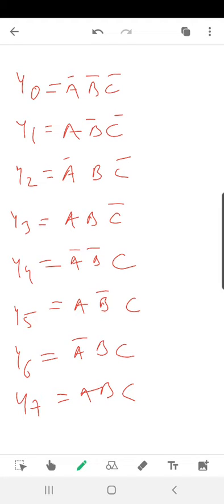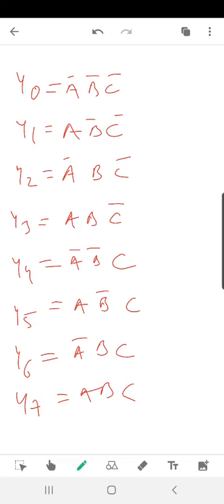So these will be our expressions for 3:8 decoder. Okay, and we will draw our diagram similar to the 2:4 one. We can draw our diagram using our AND gate and NOT gates for complemented inputs to get our 3:8 decoder. Okay, now let us see how we can use this 3:8 decoder to implement our function.